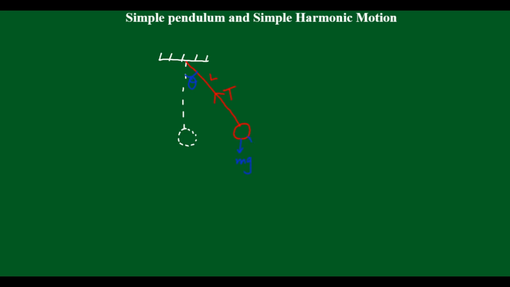So going down here, we have mg cos theta, and this way we have mg sine theta.